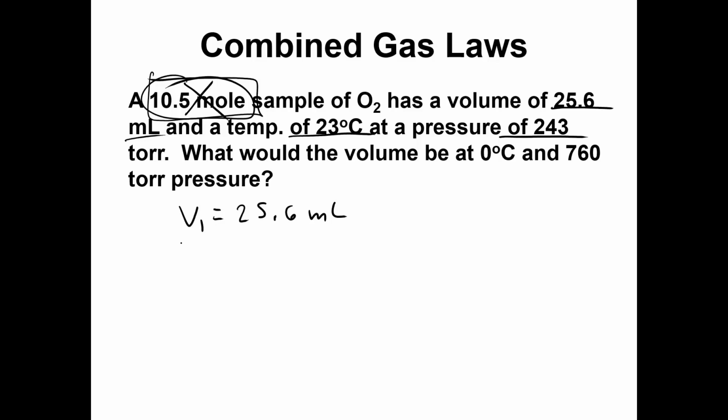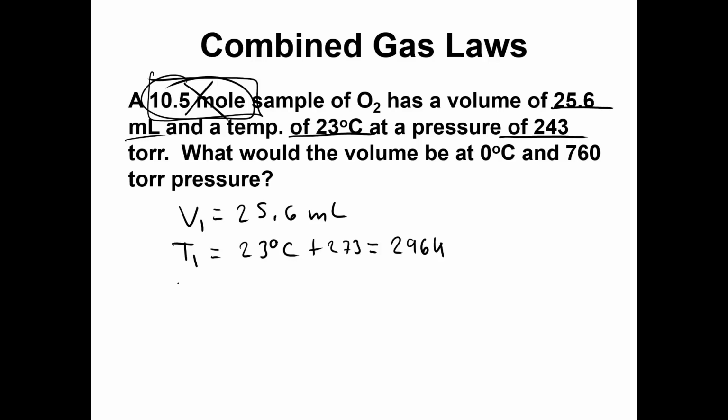And that volume is at a temperature of 23 degrees Celsius. But we do need to change that to Kelvin, so we just add 273 to it and get 296 K. So that's also T1 here, at a pressure of 243 torr.